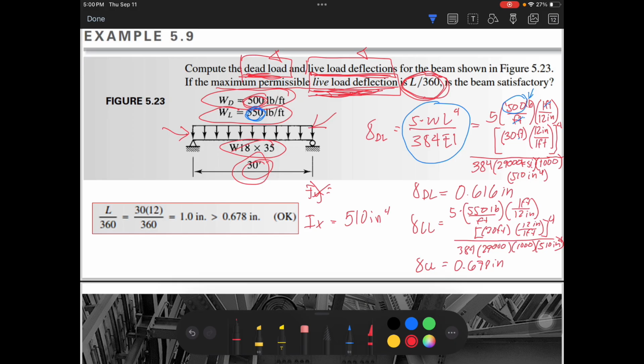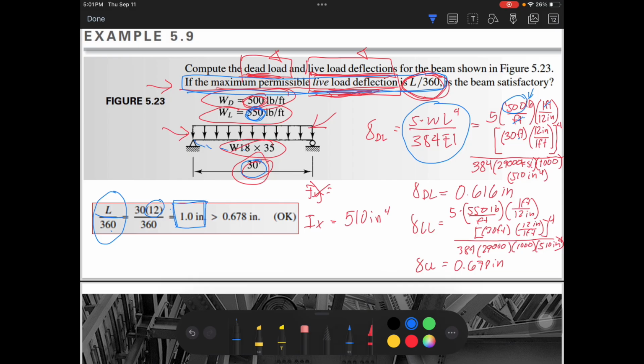And now, we will check yung maximum permissible live load deflection na L over 360. L is 30 feet, so ko-convert sa inches, kaya nag-multiply ng 12 over 360. So, that is 1 inch. Ito yung maximum na allowed na deflection ng beam.